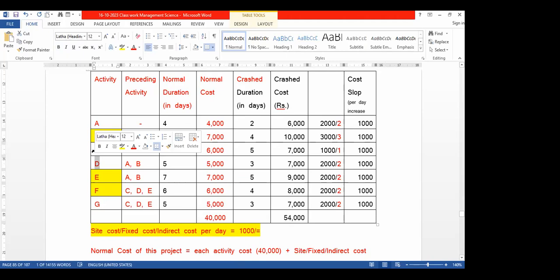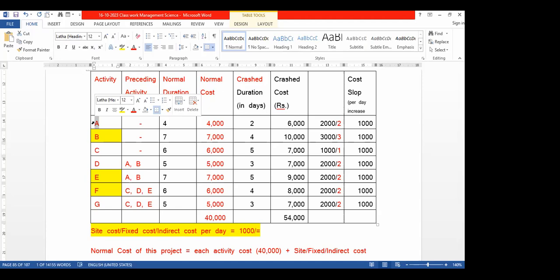If you reduce the number of days, what will happen? Cost will increase. But we have to check whether that cost increase is necessarily needed. Otherwise, it's wrong.